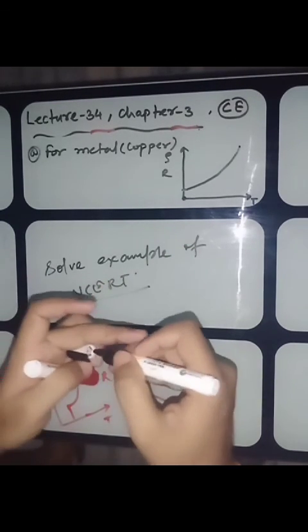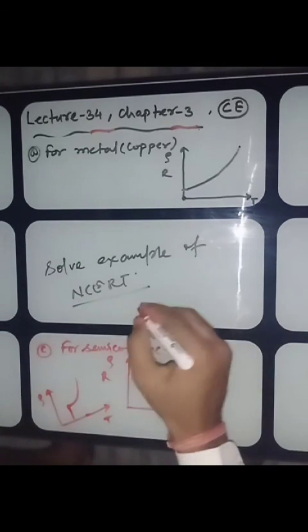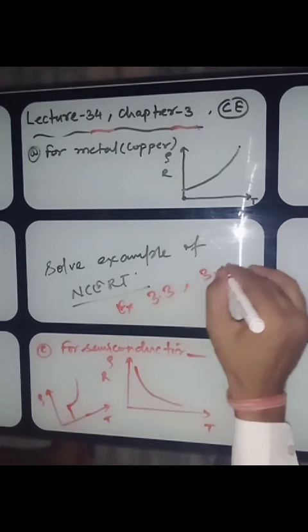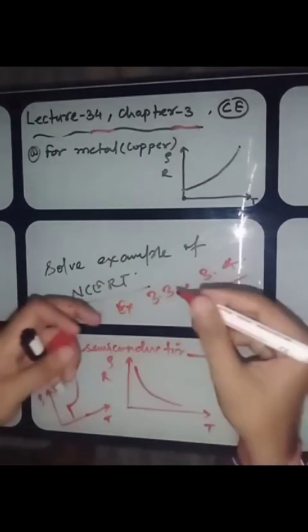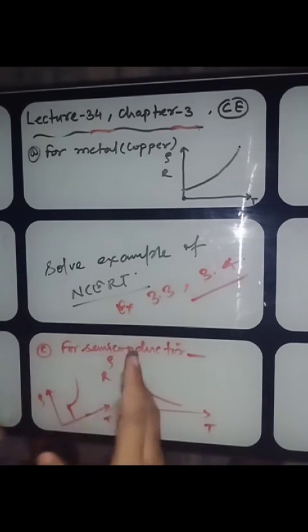Which ones? You will find example 3.3 and 3.4. You will show me in the doubt discussion class. Okay, my dear student. So this is all about today's lecture. Thank you very much.